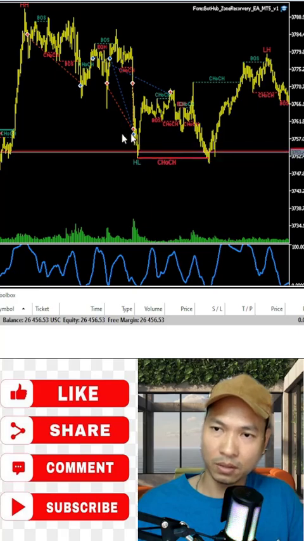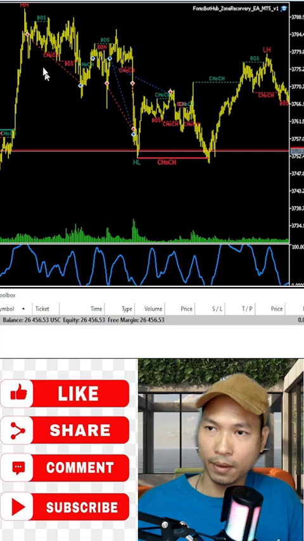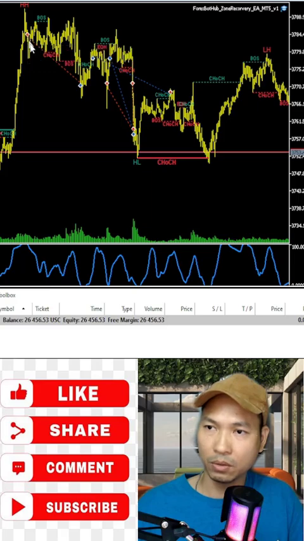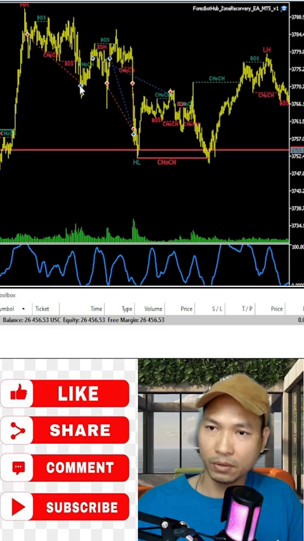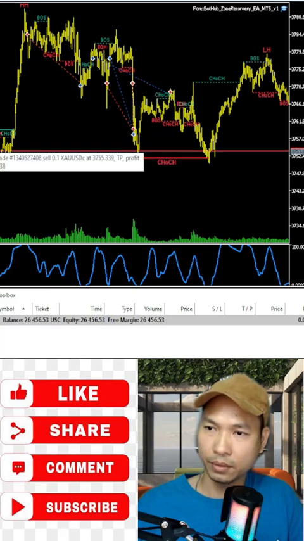All the trades close automatically when the price touches the profit target right here. We finish this trade cycle with 4 trades. And how about this one? This one is only 1 trade cycle. That's a perfect entry. This one as well, we finished in only 1 trade.